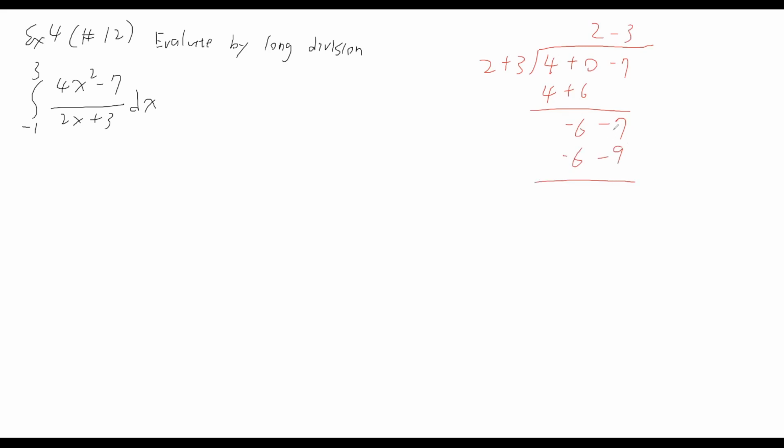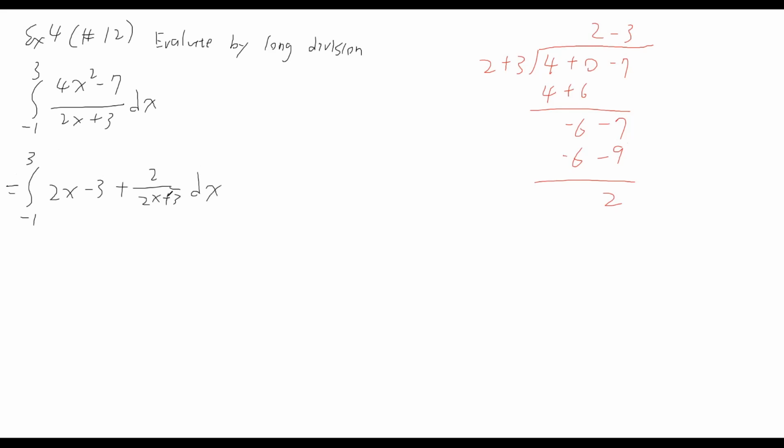And then we're subtracting, so that will be 2. All right, so that means after long division, the quotient of this rational expression is going to be 2x minus 3 plus 2 over 2x plus 3 dx.